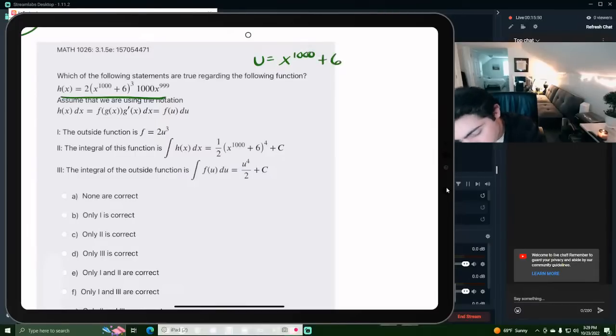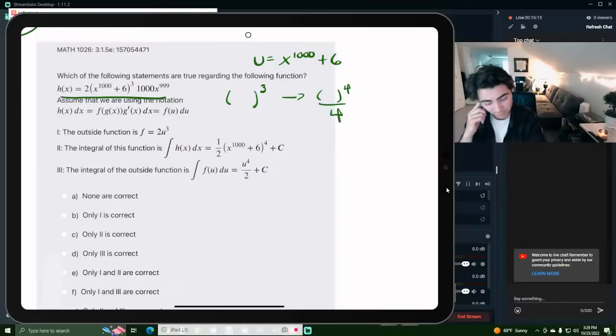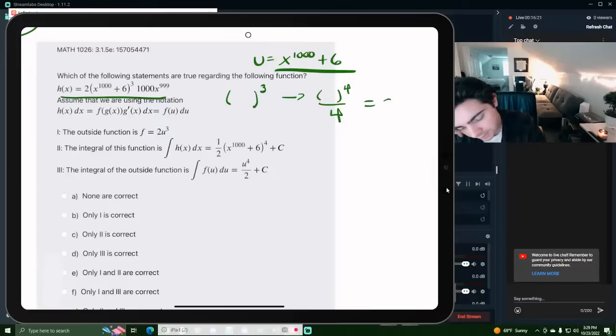So if u is x to the 1000 plus 6, all this stuff in parentheses, then the outside layer will probably be something with this 3 exponent. If we took the antiderivative of something to the third, we would get something to the fourth over 4, something along these lines. So if u is our inside function, then this is our outside function. I think they call it f, we'll see what happens.